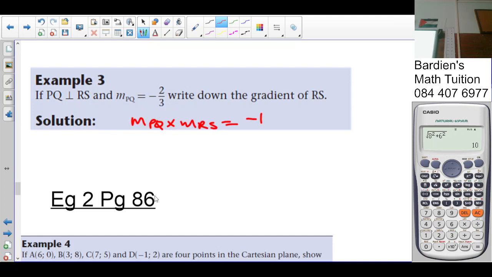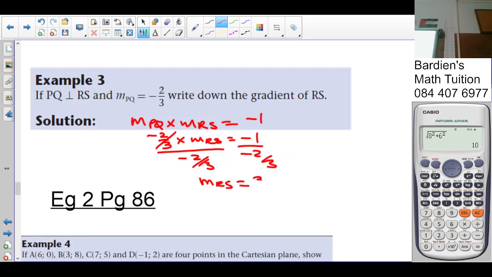The gradient of PQ is negative 2/3, so negative 2/3 times the gradient of RS equals negative 1. I divide both sides by negative 2/3. That cancels, so the gradient of RS works out to be 3/2, which is the negative reciprocal of that number.